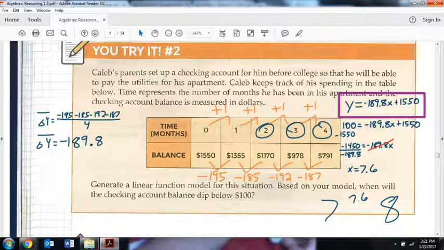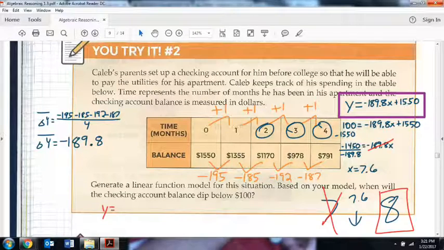Since the money is going down as time goes on, if we go back up to 7, the amount of money goes up. So it's going to be above $100 here. It's going to be below at 8 months. And if you don't believe me, put it in your calculator.